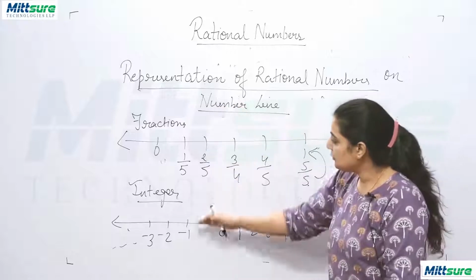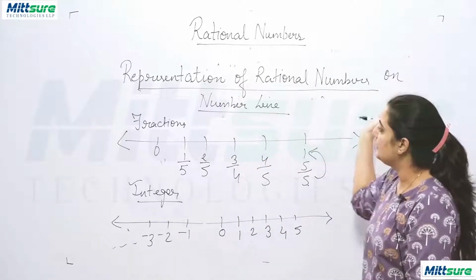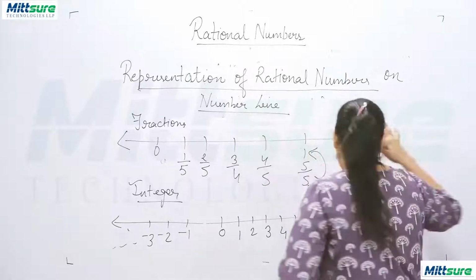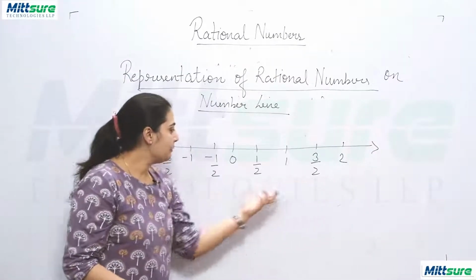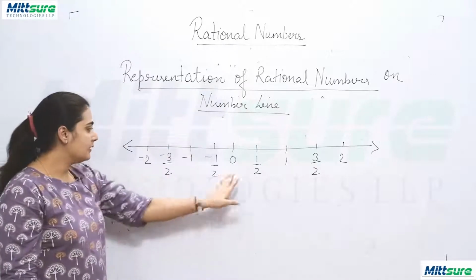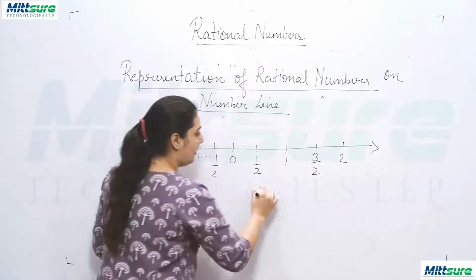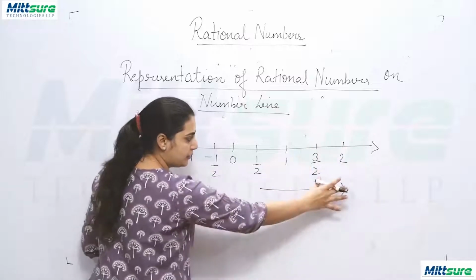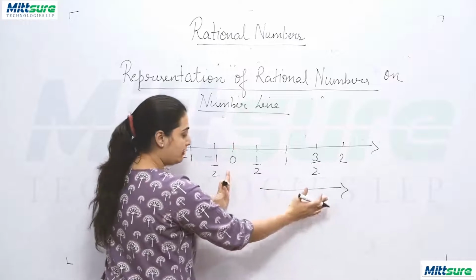Now, when these two are compiled together, the representation of rational numbers on the number line comes. So now, this is the representation of rational numbers on the number line. See how 0 is in the center. All the positive rational numbers are towards the right hand side. This is my right hand, and all the positive rational numbers are arranged towards the right hand side of the 0.